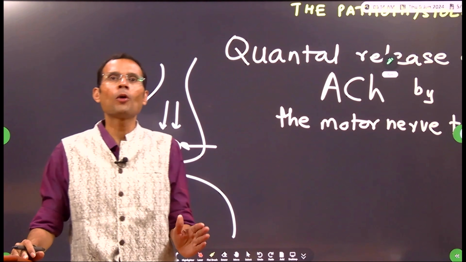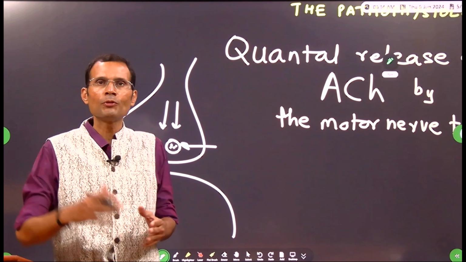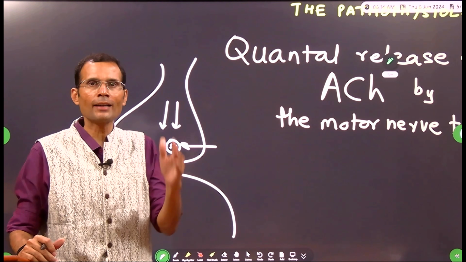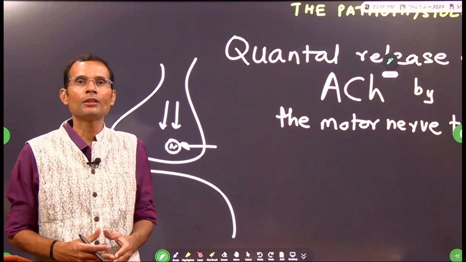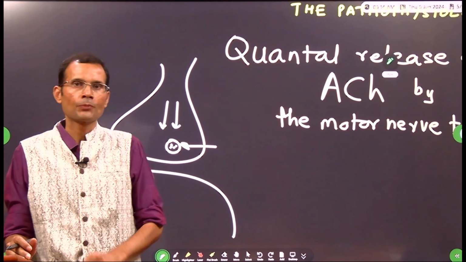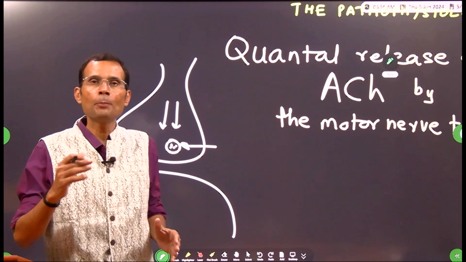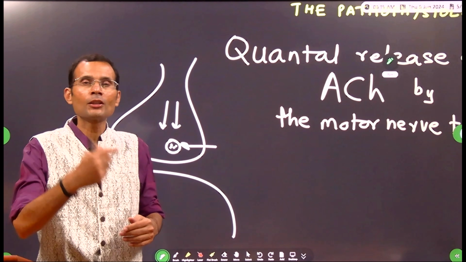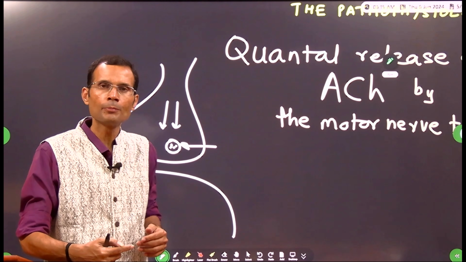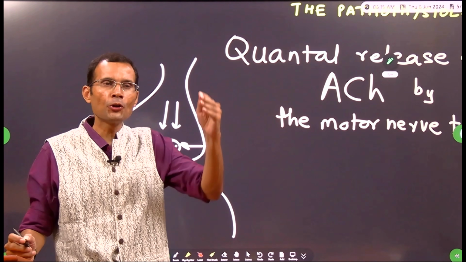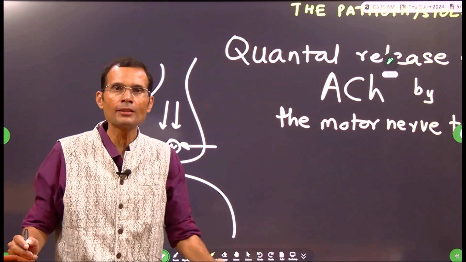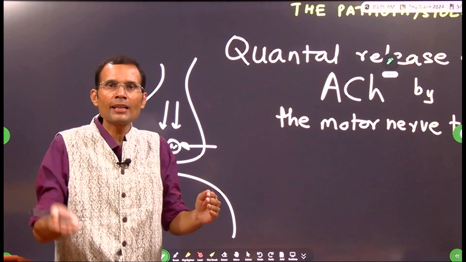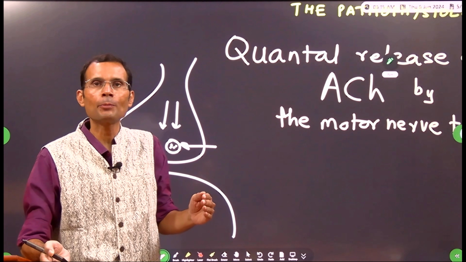So even normally otherwise, with repeated stimulation of the muscles, the release of acetylcholine as the transmitter goes on decreasing. Now imagine what will happen in myasthenia gravis. The quantal release, if the muscle groups are repeatedly stimulated, is going to decrease. Plus, add to this fact that the receptors are also not available.